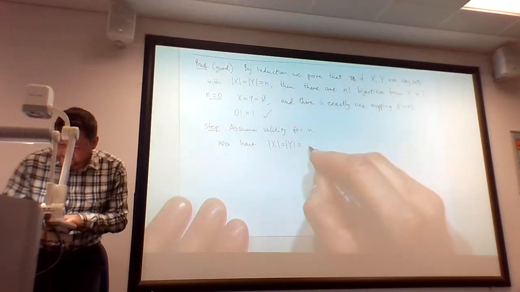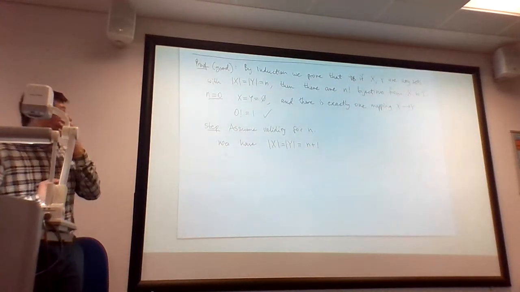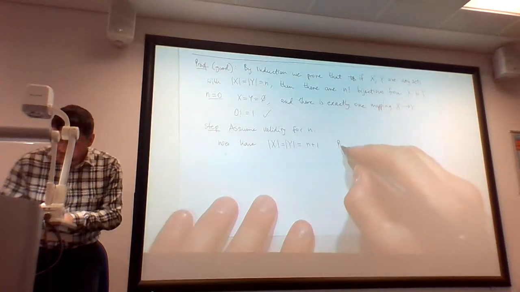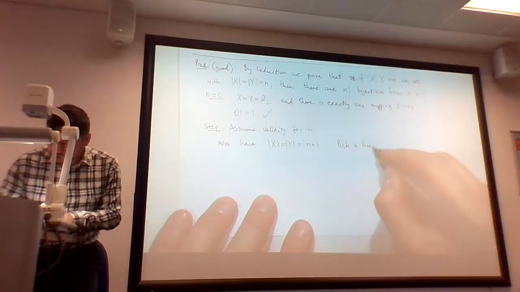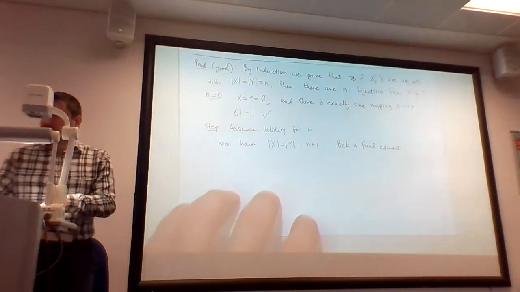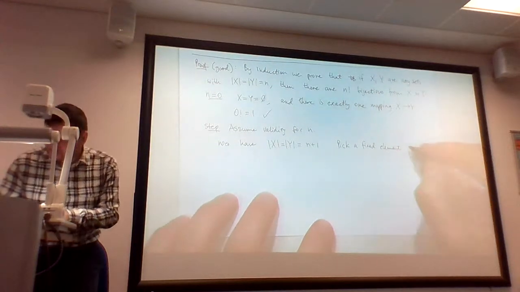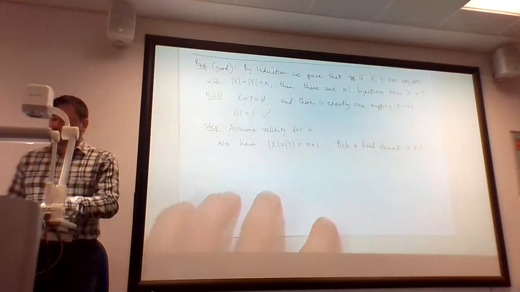The size is n plus 1. So pick an element of x. Well, not fixed, but I'm fixing it now, so I'm not writing it properly. So fixing it now in set x.